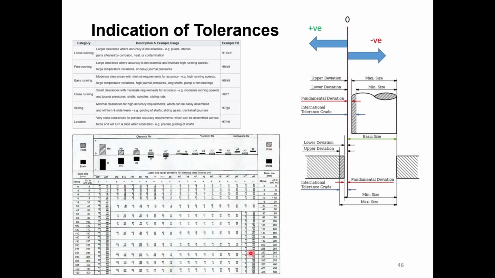But in this case, what you see on the screen here, if you look at these hatched areas, which correspond to the hole, the lower deviation here is zero. If you focus here, you see that this value is 0, 0, 0, 0, 0, 0, which means that the lower deviation of the hole is 0, and we are seeing here the table for a hole-based tolerance system.